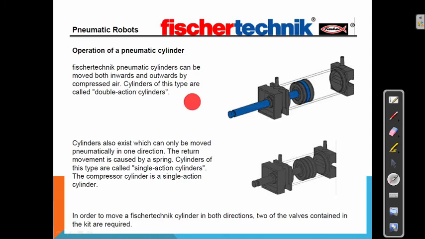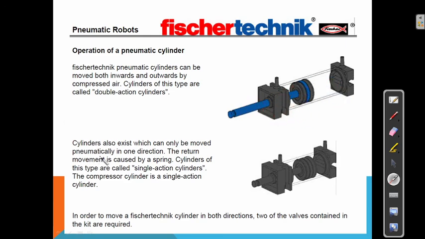Cylinders of this type are called double acting cylinders. As we saw before in the actuator, single acting, double acting. Likewise here the pneumatic cylinder has two types, inwards as well as outwards. This will operate according to the given air.